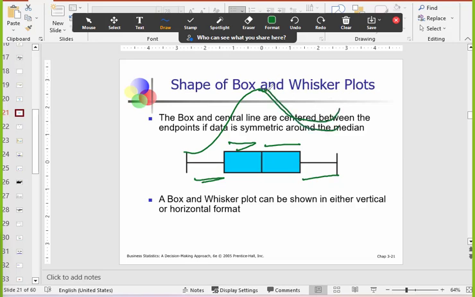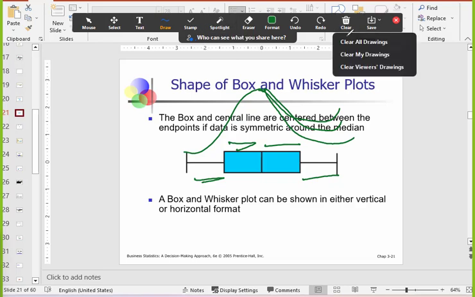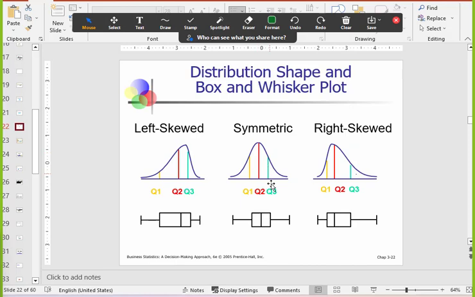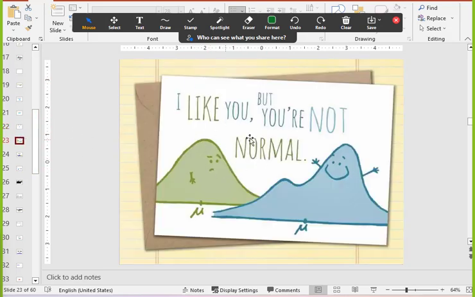Another function of box plot is, let's see the example, that if it is in the middle, it is symmetric, and then left skewed and right skewed. So the box plot can also be used to explain the distribution shape of the data. In the next slide, there are some pictures, just a meme to show that this is the normal data. So when the data is symmetric, we call it normal data.